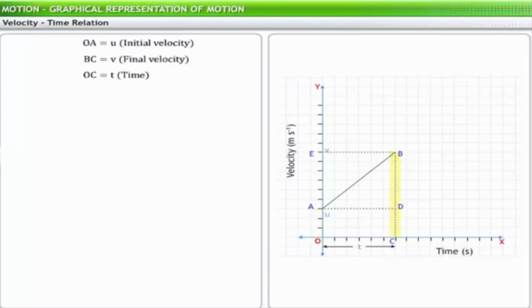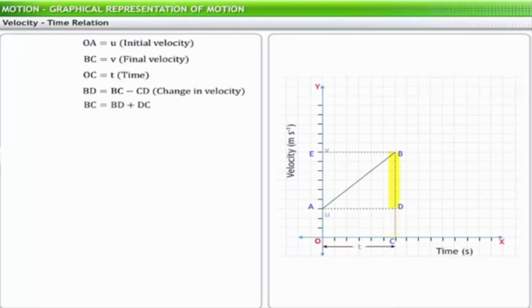BC represents the final velocity v. OC represents the time t, and BD represents the change in velocity in time t. OADC being a rectangle, OC is equal to AD, and hence AD also represents the time t.